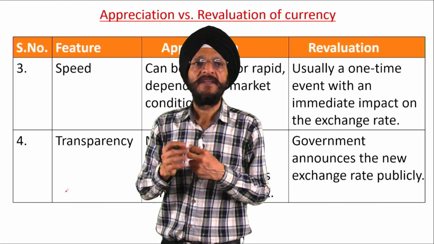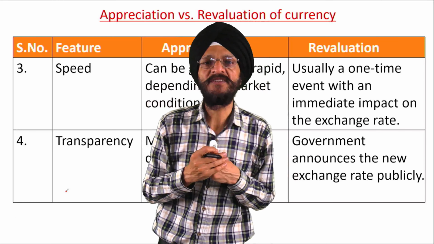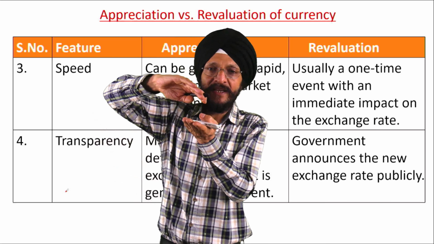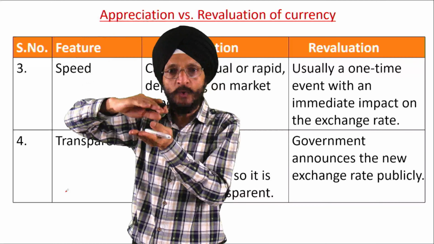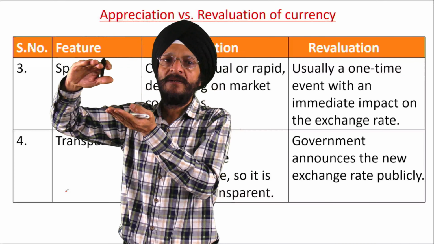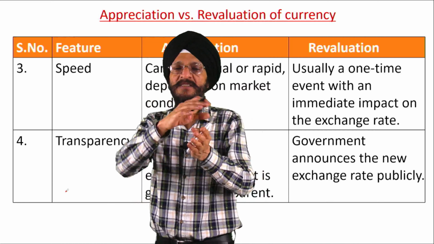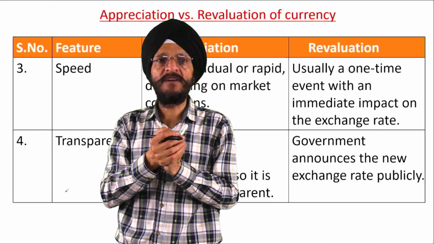Next is speed. In the case of currency appreciation, the speed of increase in the value of the currency may be slow or rapid depending on the market conditions, that is, demand and supply or the economic outlook of the country.